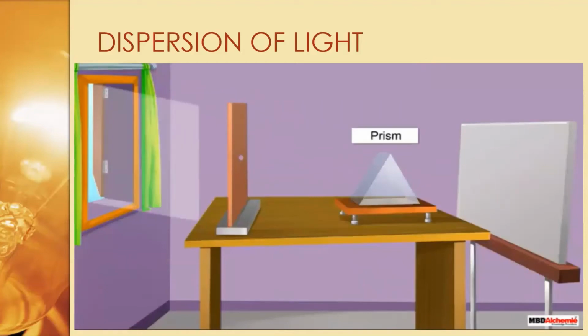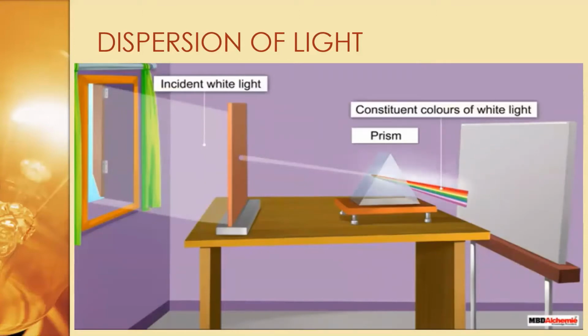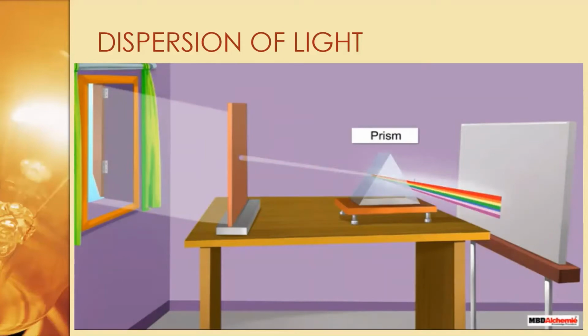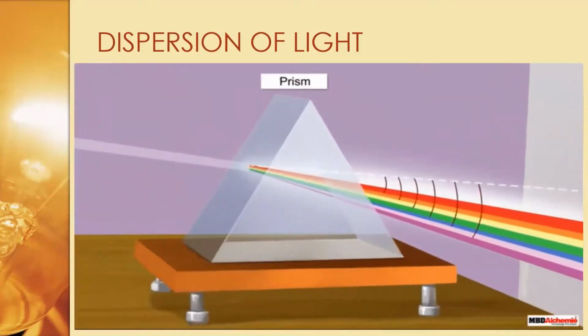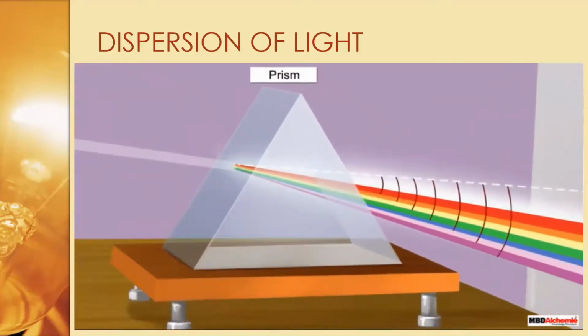When the white light coming from the sunlight falls on the prism, it splits this incident white light into its constituent colors. The splitting occurs because different colors of the sunlight bend through different angles with respect to the incident ray when they pass through the prism. The red light bends the least, while the violet bends the most.